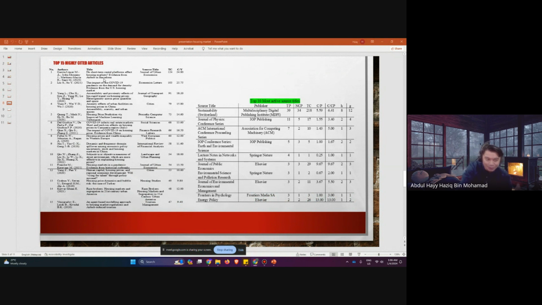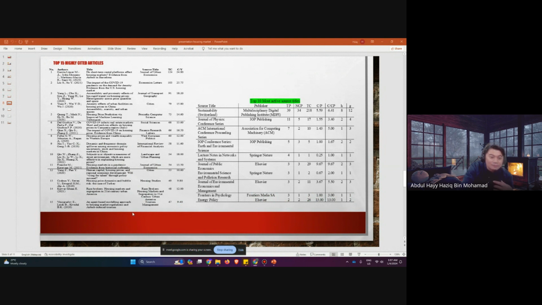It's quite a good number of citations. And then followed by Liu here, conducting analysis on the impact of the COVID-19 pandemic on demand for density, with evidence from the US housing market.